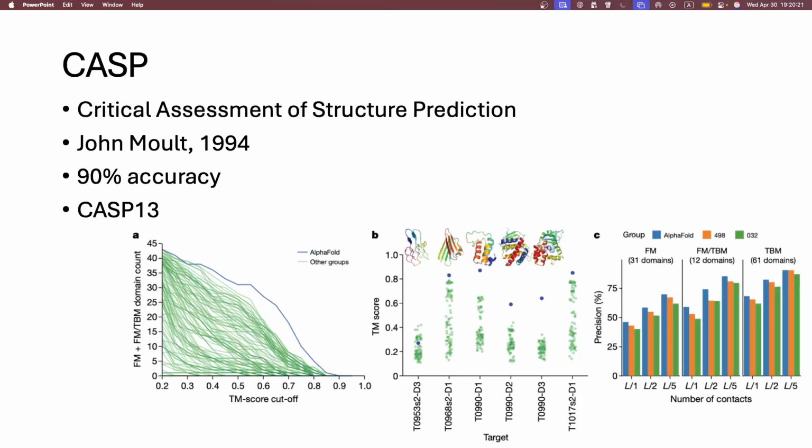So here is a competition called CASP. Basically, CASP is aimed as a competition to solve this problem: what are proteins' structures, with computational power? Of course, there's always simulation.